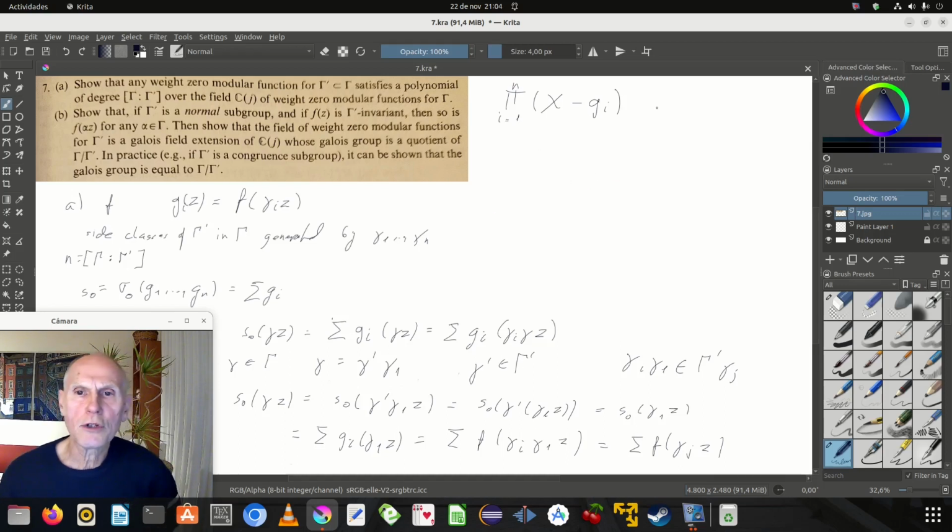All the coefficients, that should be first Si times x to ith. All these guys are modular functions with gamma, meaning that they lie in this field.